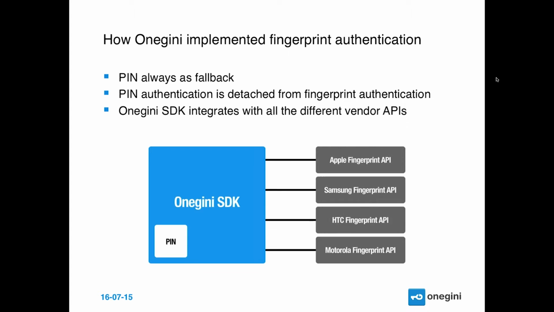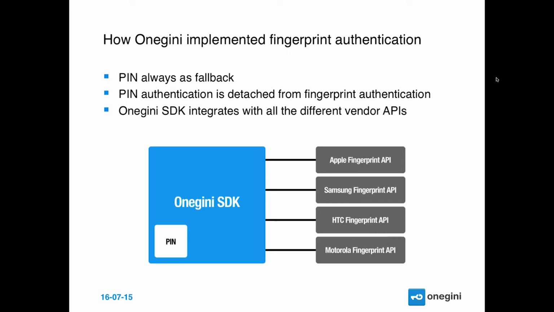Another one of the big cornerstones of our security is the PIN code. We always use the PIN code as a fallback. The reason for this is that we say there's a really different risk profile for fingerprint authentication, as you've already seen, because of the possible attacks and the way the vendors implemented the fingerprint authentication. So we need to have another way of authenticating the user.